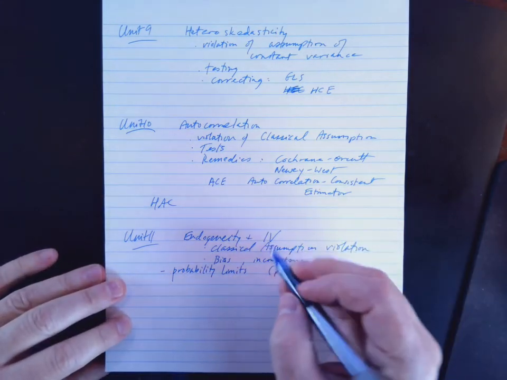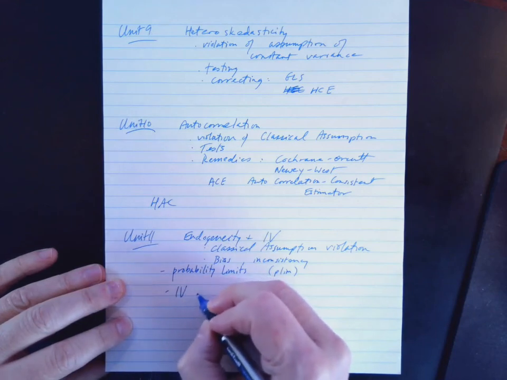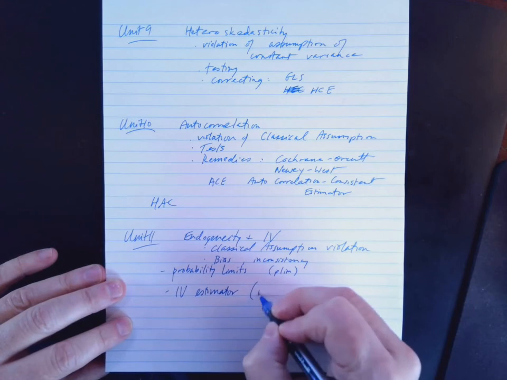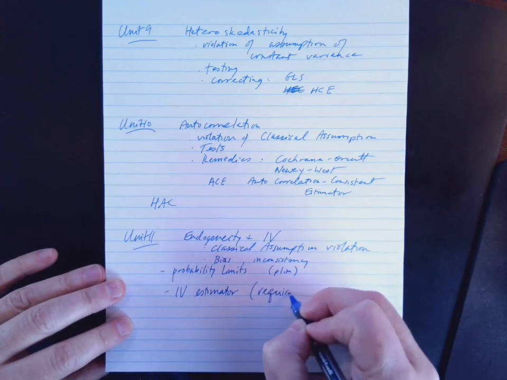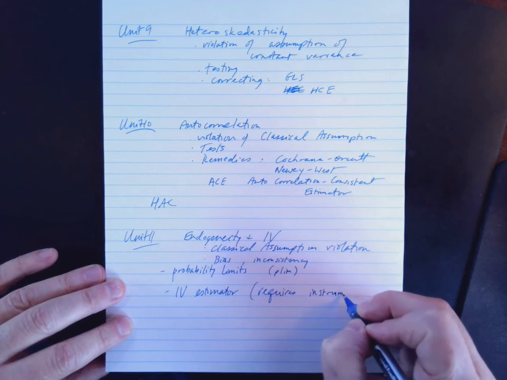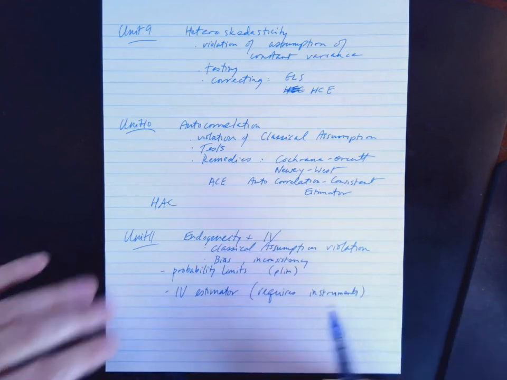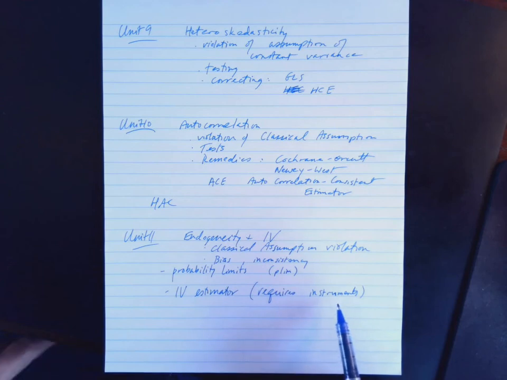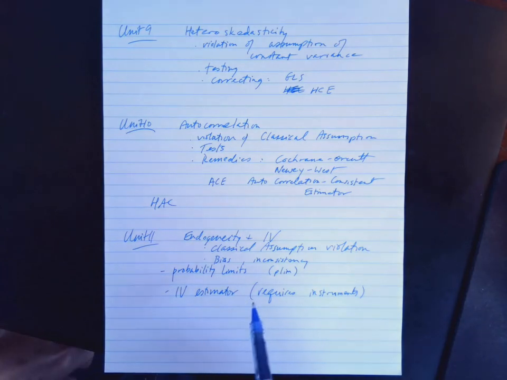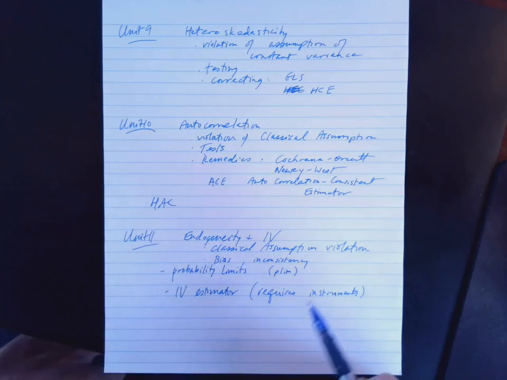So probability limits, we talked about the IV estimator, and this requires you to have instruments, and good instruments are uncorrelated with the error term, but correlated with the explanatory variable. And so we talked about how you go about trying to identify and choose an instrument in the model.